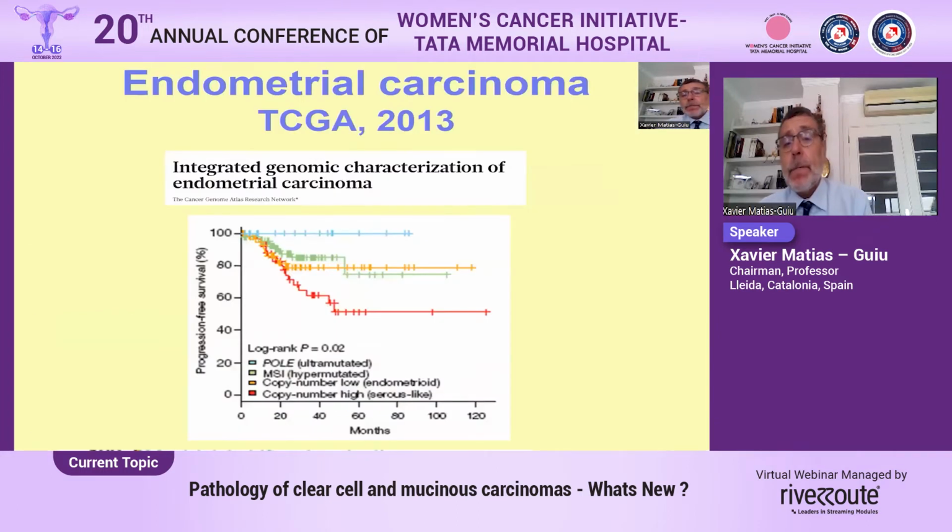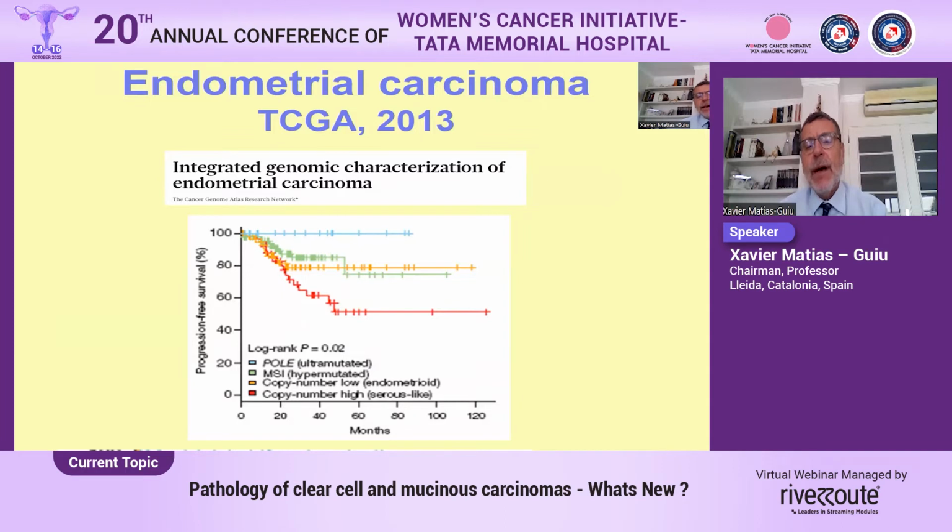And it's a setting in which we can use the molecular classification that has been proposed in endometrial carcinoma. As you know, in endometrial carcinoma, we're using that based on the TCGA, who identified 4 molecular subgroups of endometrial cancer. One group with very good prognosis, POLE mutated tumors.